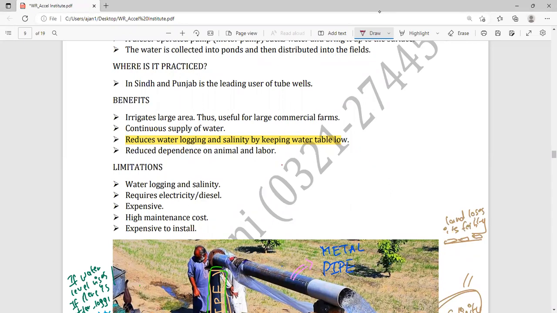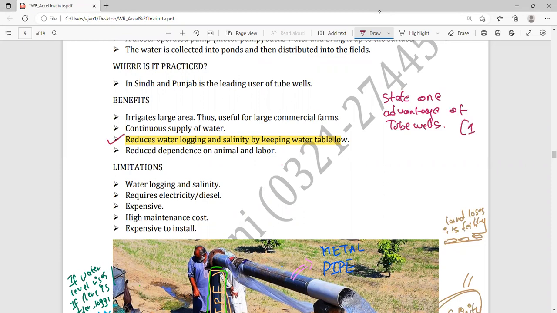Okay, now let's see what progress you have made in terms of answer writing technique. If I ask you to state one advantage of tube wells, you just write this and you will get 1 mark.